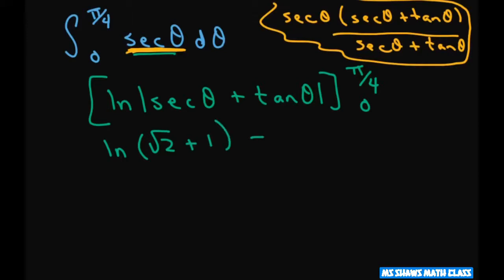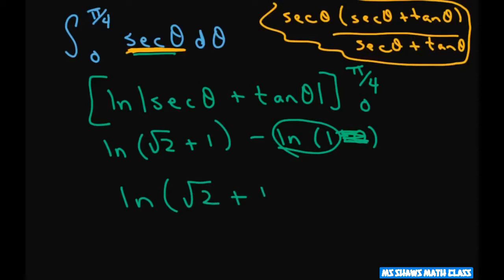Minus, at 0, ln of secant of 0, which is 1, plus tan of 0, which is 0. And basically, this is just going to end up being ln of 1. Ln of 1 is just 0. So our final answer is ln of square root of 2 plus 1.